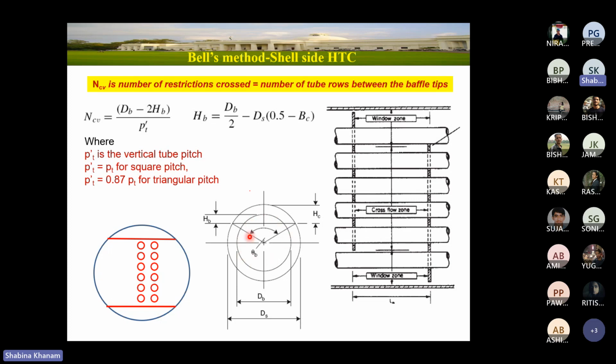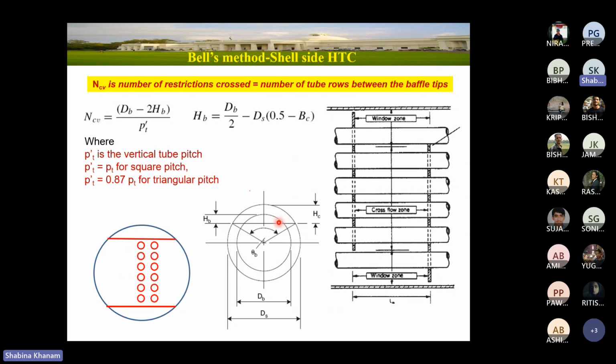To be more specific, the area of bundle available in the window zone by the total bundle cross sectional area.